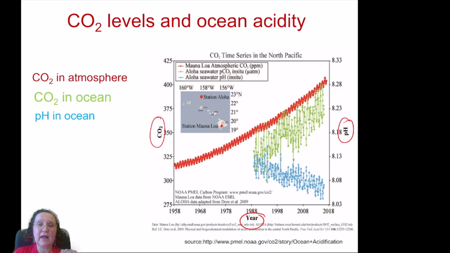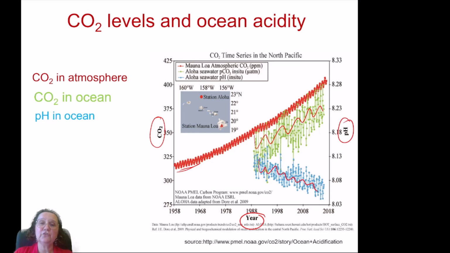So the red line indicates the concentration of CO2 in the atmosphere, which has increased over the last few decades. The green line indicates the concentration of CO2 in ocean waters. And as you can see, the blue line represents the pH of oceans.